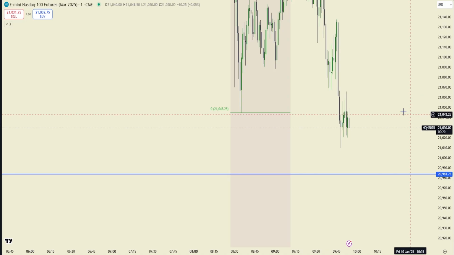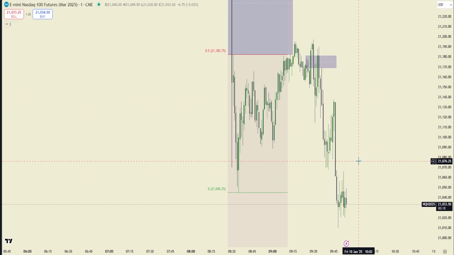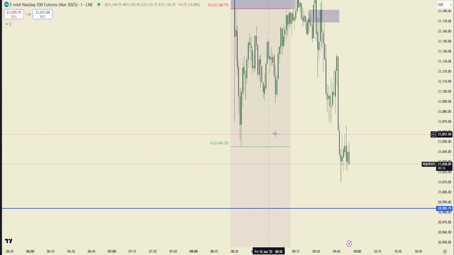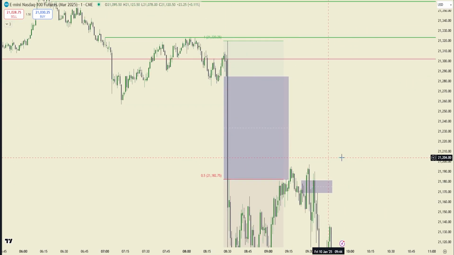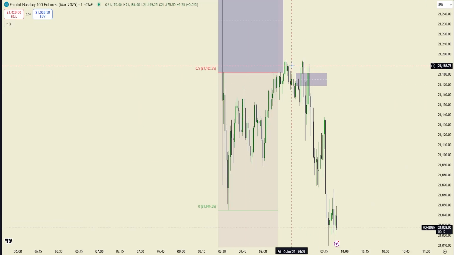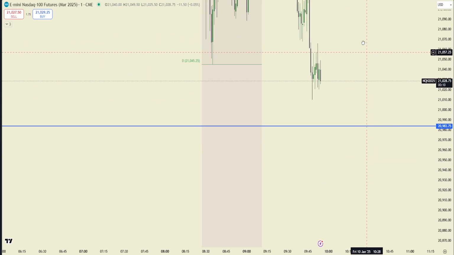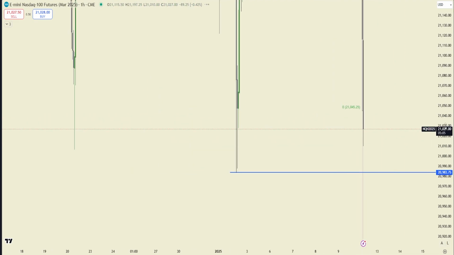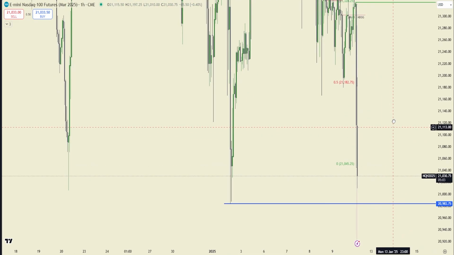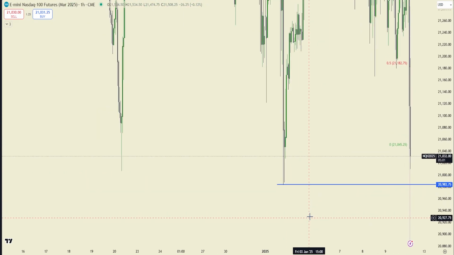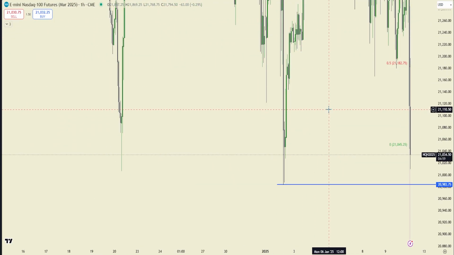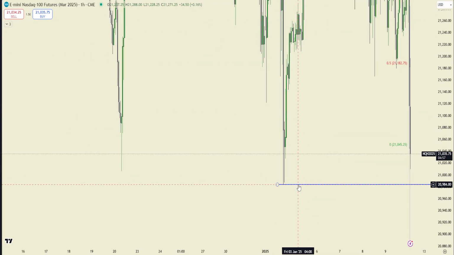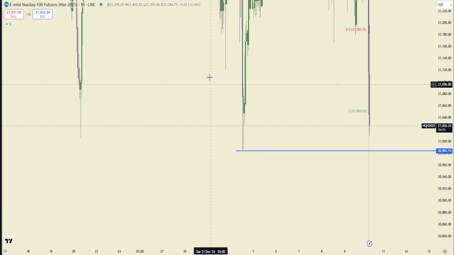So the way that I determine draw is what liquidity target contextually makes sense to hit based on what the market has done. We've dumped a lot. We have a lot of momentum down. We saw price react very bearishly to 50%. Because of that, the draw I'd be looking for is sell side. Then I'd be looking at what the obvious sell side draw is. Do we have an unfilled PD array? Do we have an obvious external low that looks like it would complete a market maker model?